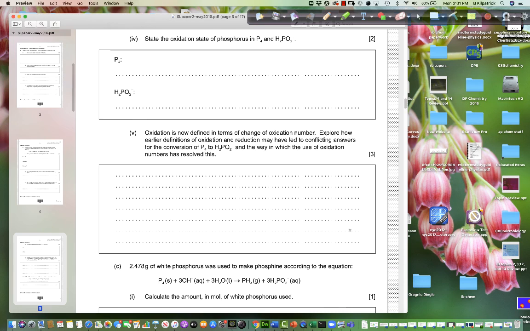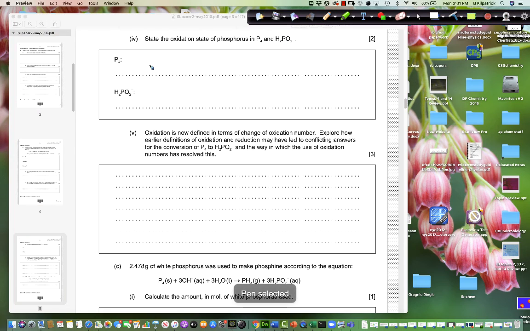Okay, so now the next question is asking about the oxidation state. So for P4, well, it's in its standard state, so the oxidation state should just be 0. So now you want to know what P is in H2PO2 minus. Well, oxygen will be a -2, okay? Hydrogen will be a +1. Well, everything needs to add up to -1.